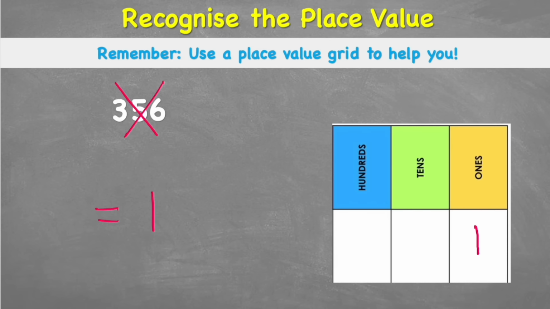But if I move my 1 into the tens column, then I end up with this gap in the ones column. And I can't just have a gap in the ones column, so I put what's called a placeholder in there. Because now my 1 is in the tens column, I have nothing in the ones, so I'm filling it with this placeholder. And therefore, my new value equals 10.